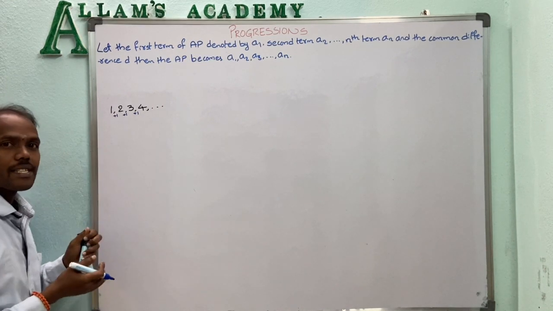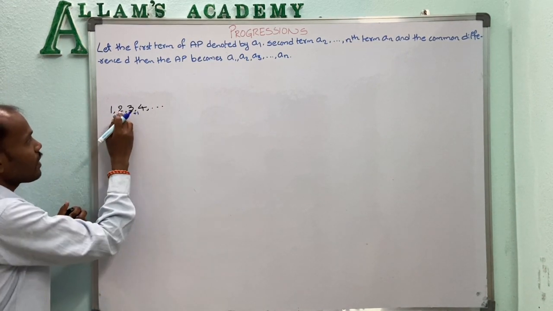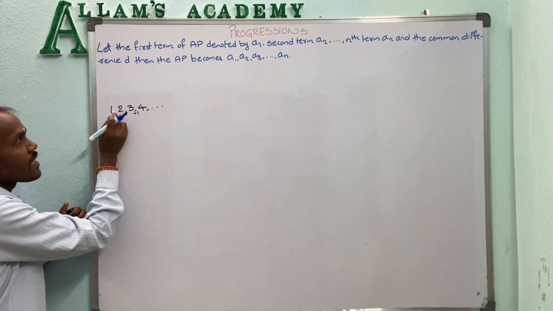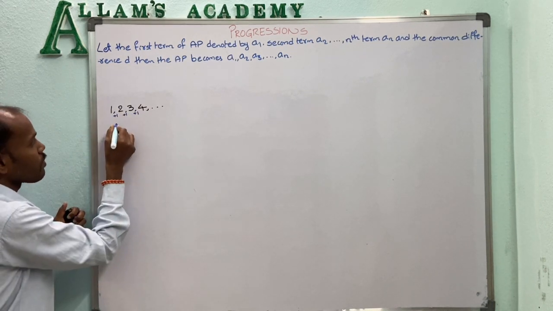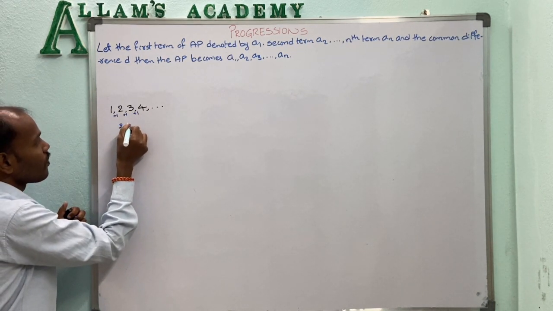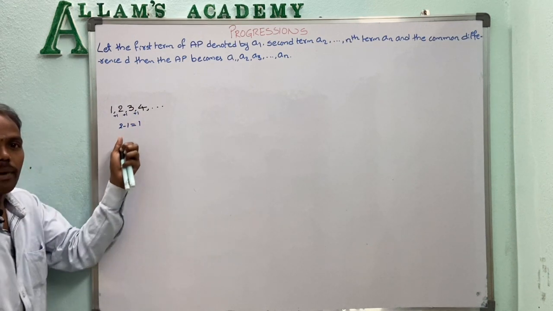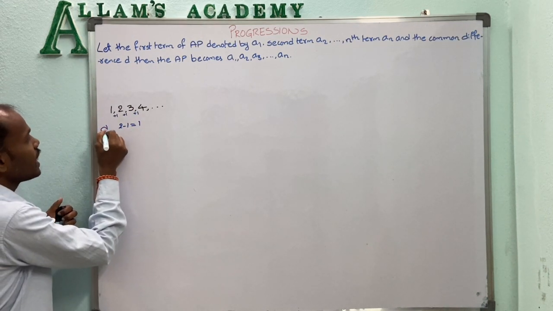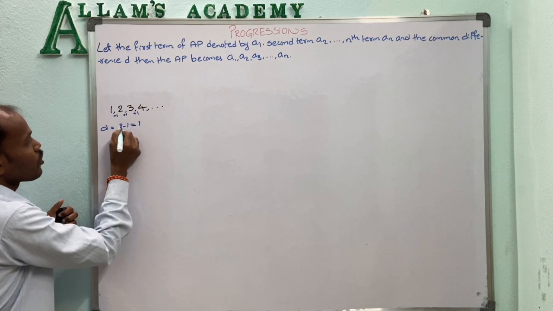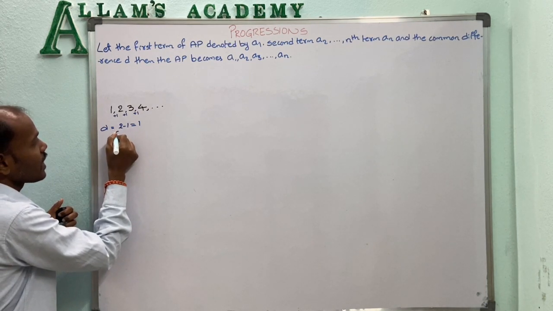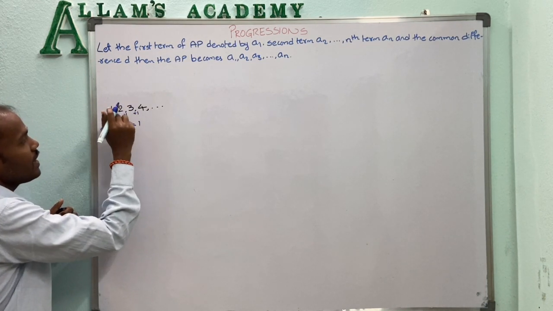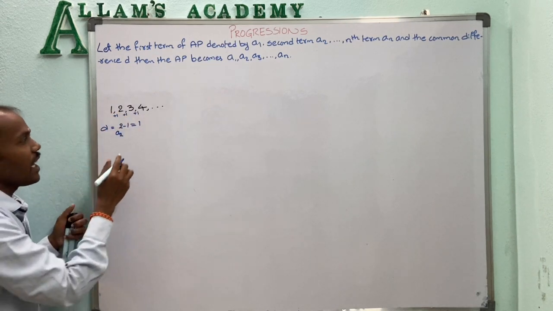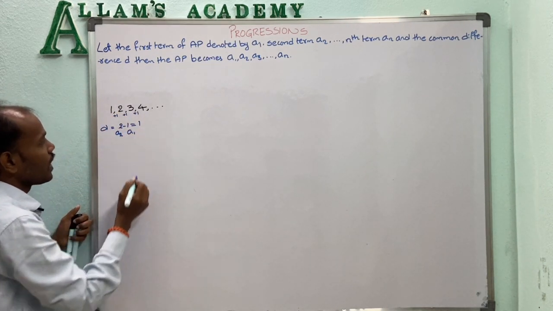If we subtract the first term from the second term, we get the common difference D. Here 2 is the second term A2 and 1 is the first term A1.